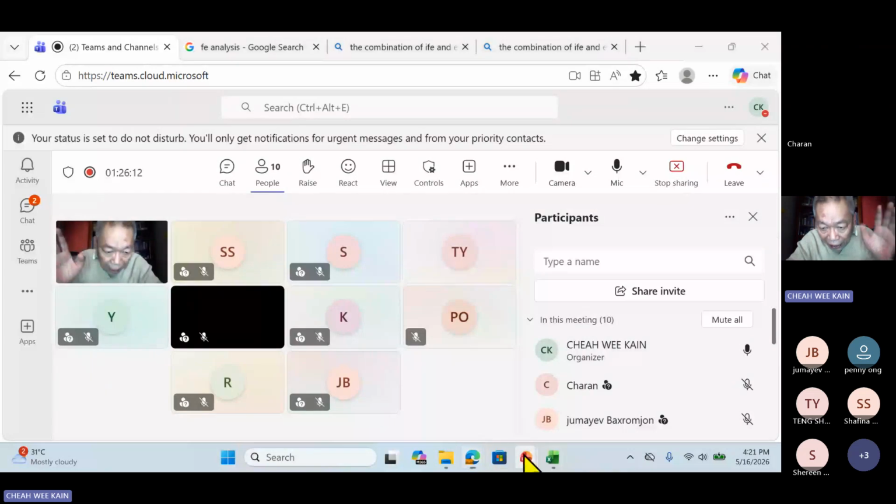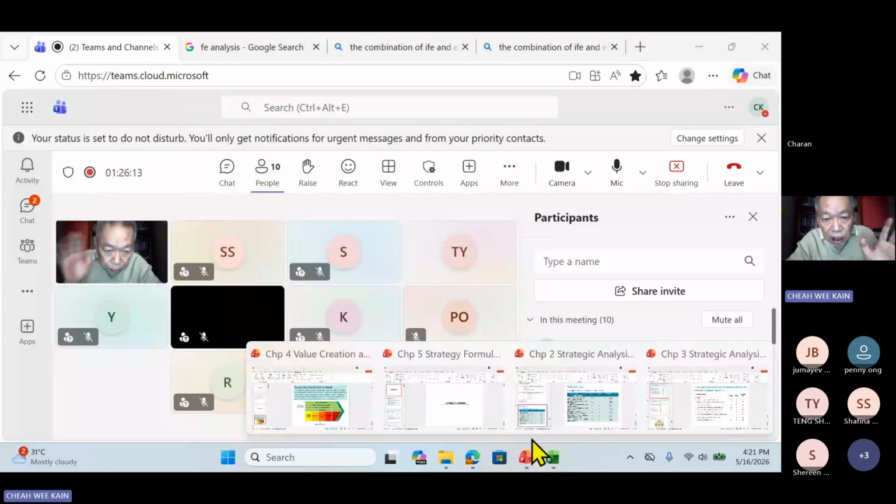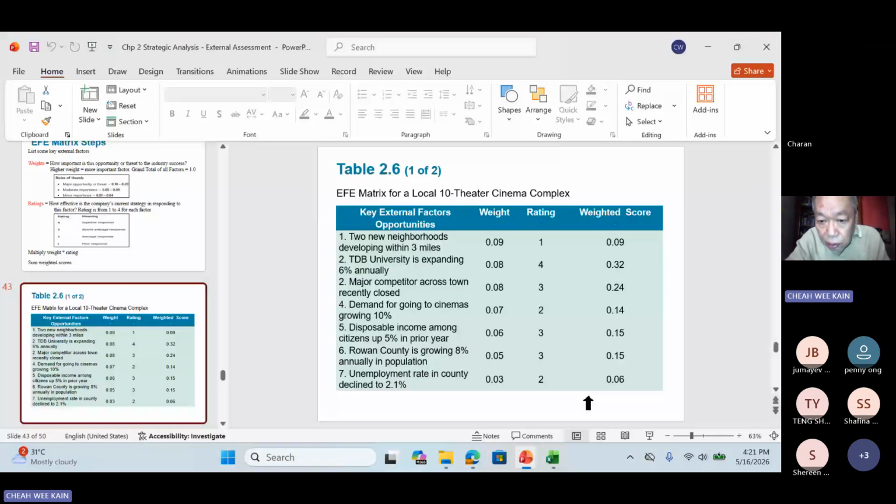Now, the best part about this way of doing is that once you come out and show your boss, if they don't agree, ask your boss to put in the factors themselves and the ratings themselves, for all opportunities, threats, strengths, and weaknesses. Since they put it in themselves, most likely they will buy off on your strategy.